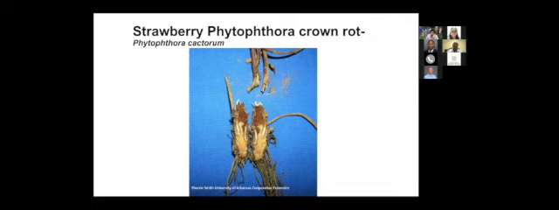And you can see here in this picture of the crown of this strawberry a sign that you may have Phytophthora. Unfortunately, without a microscope or serological testing, although it looks like Phytophthora and it was Phytophthora, there are some other crown diseases that look almost identical to this.